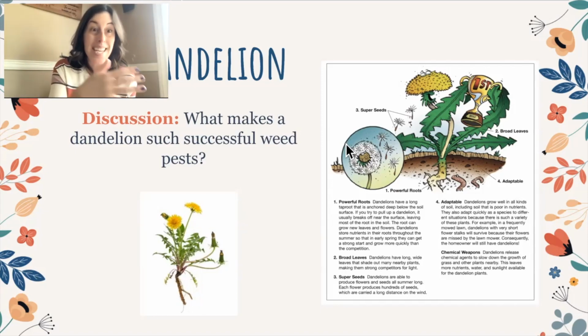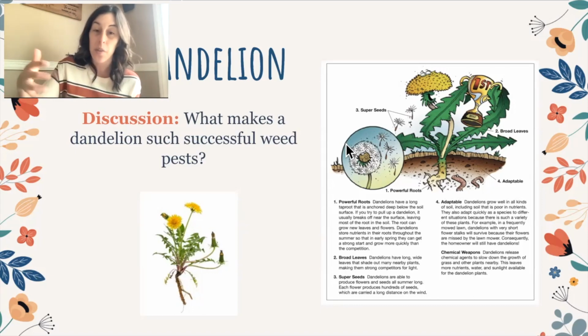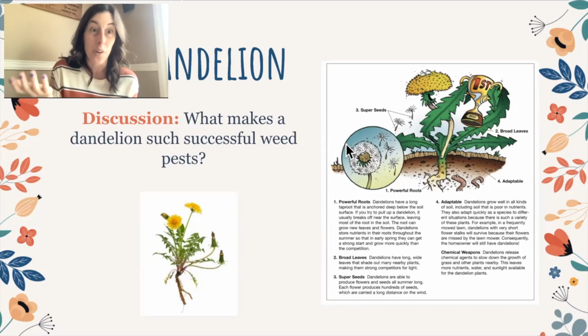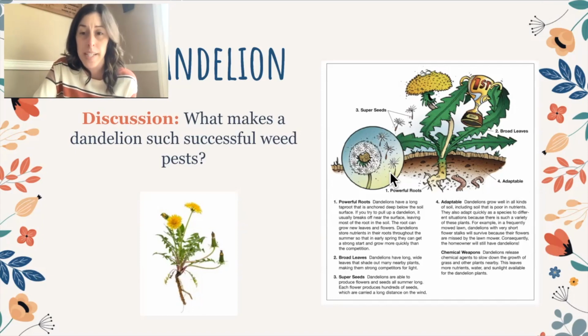Because they're so easily transferred through the wind, they grow all summer long. They don't have a short season. They have a relatively long season, and each flower has hundreds of seeds that can go really long distances in the wind.